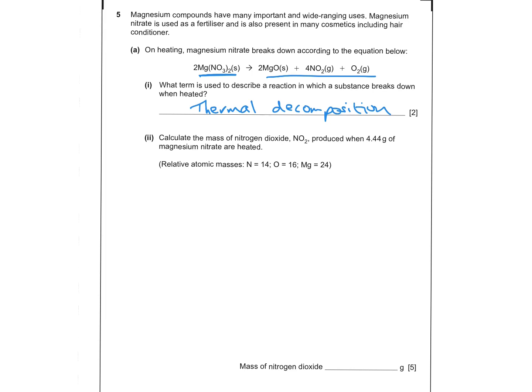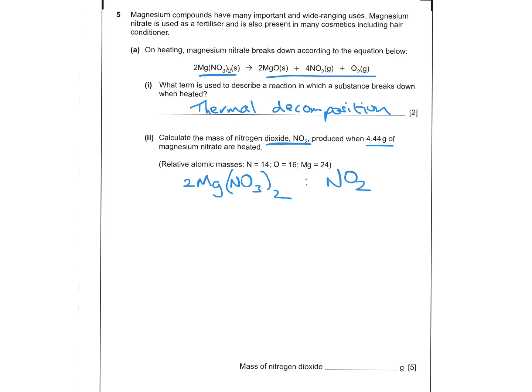Well, we've got, I'll write down, first of all, the main parts. So we've got magnesium nitrate, because we've been given the mass of it. And it's going into nitrogen dioxide. That's the other substance that we're interested in.